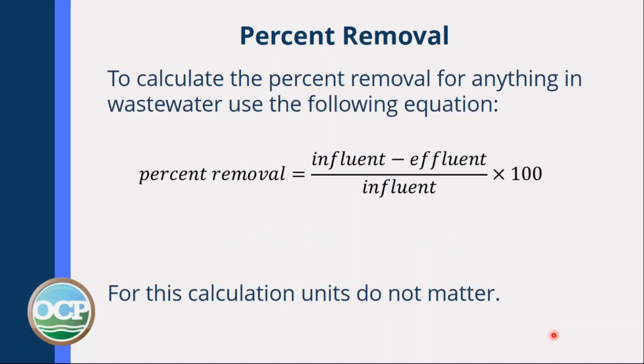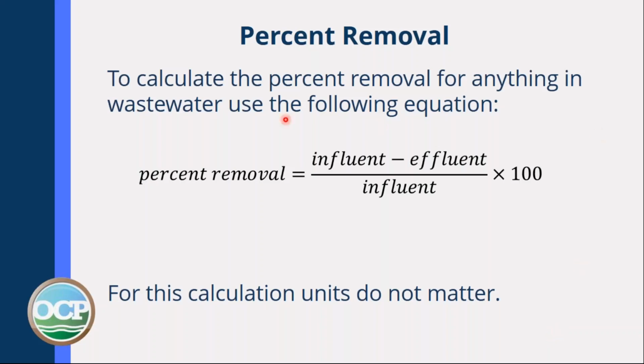The next bit of math that we're going to run through is percent removal. If you remember, I mentioned that for both TSS and BOD, you have to remove at least 85% between what comes in and what leaves. So this is how we're going to calculate that percent removal.